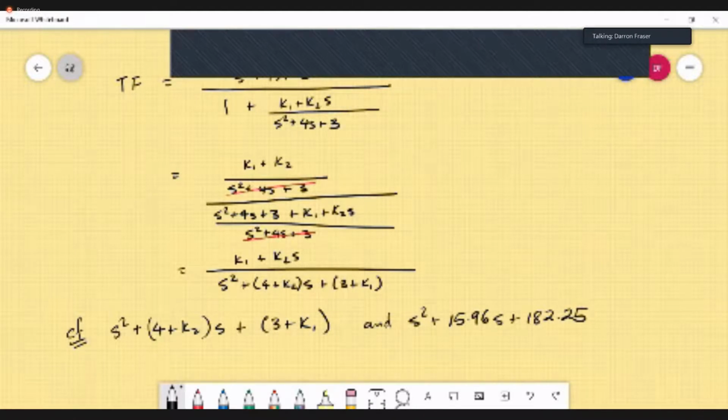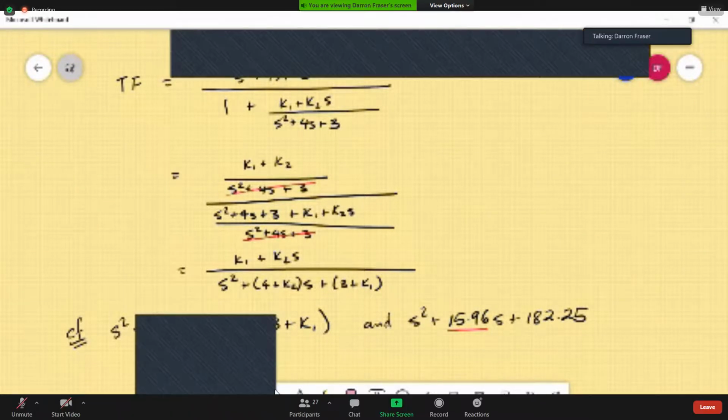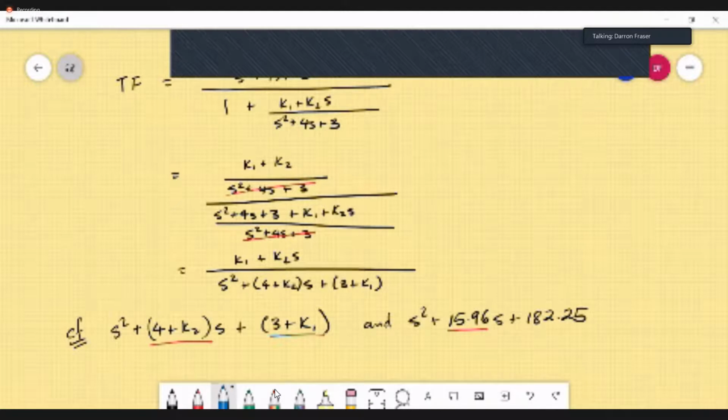So, as we want you to see now, we're going to compare the 4 plus K2 with the 15.96 and the 3 plus K1 with the 182.25.